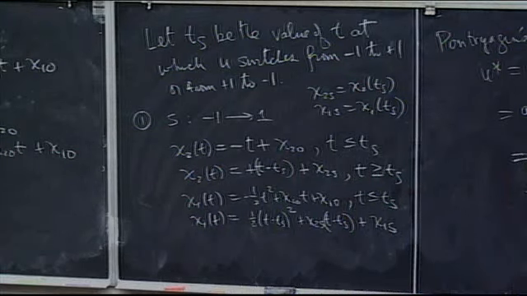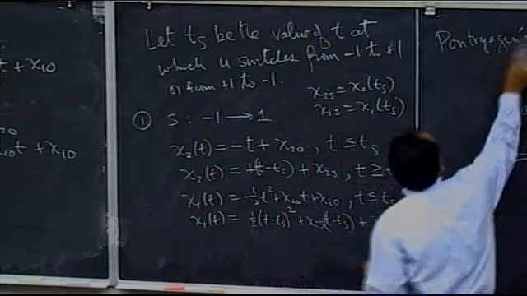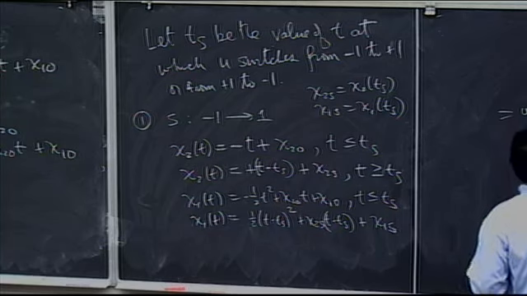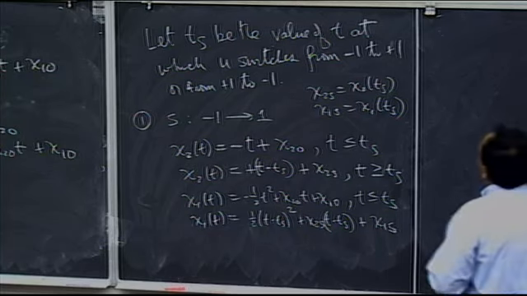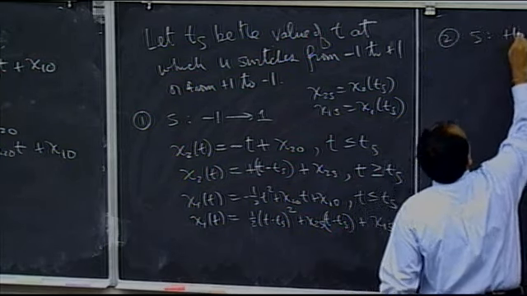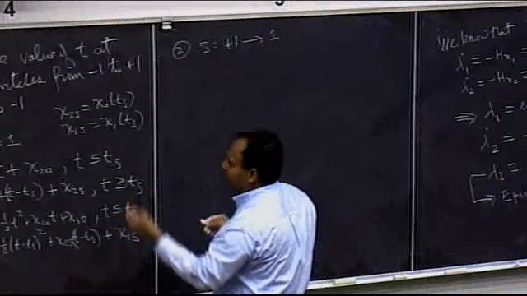All right? So you're going to get the same thing if you take the second case, where s goes from +1 to -1. So all this stuff is just going to reverse.